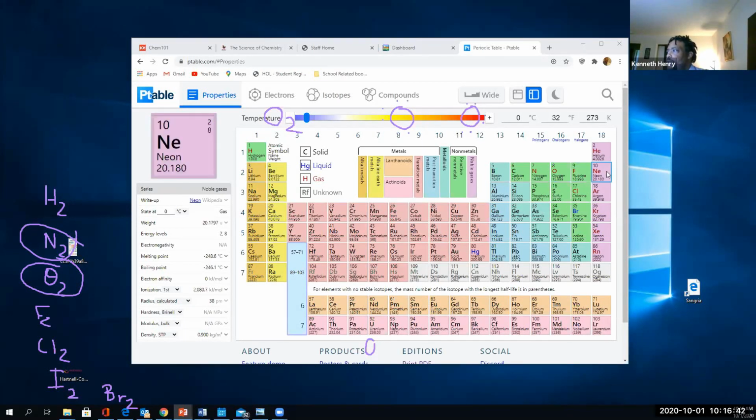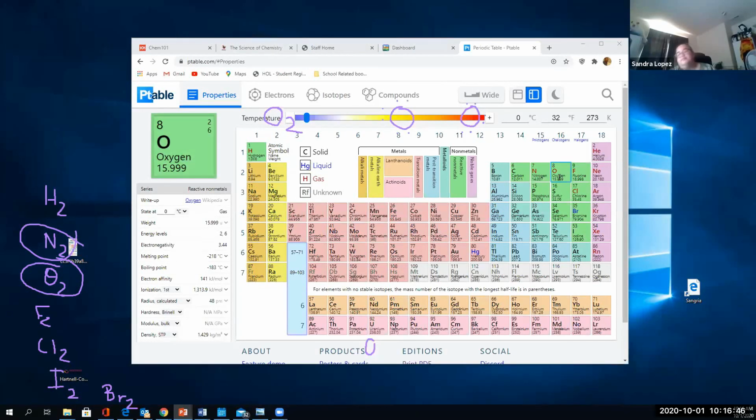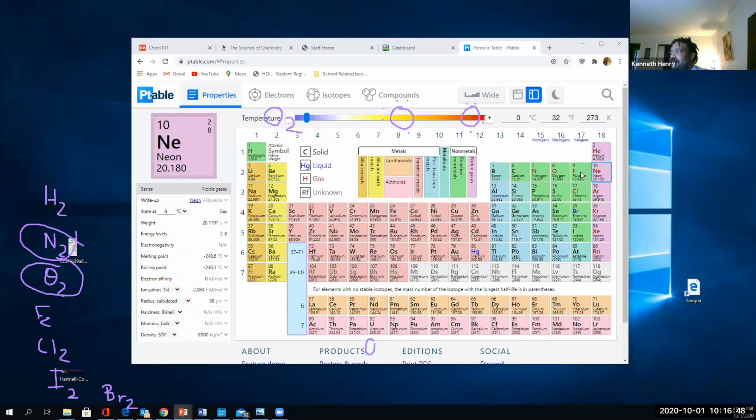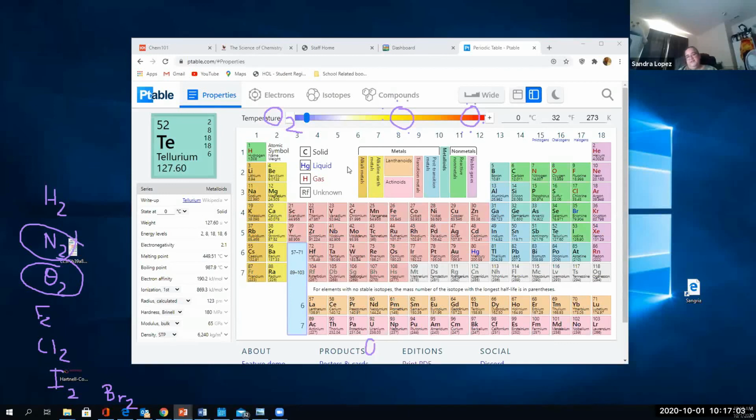So I start at 8, 7, 6. That would be one way of doing it, or I can go 1, 2, 3, 4, 5, 6. And all those in that group will have 6 valence electrons.